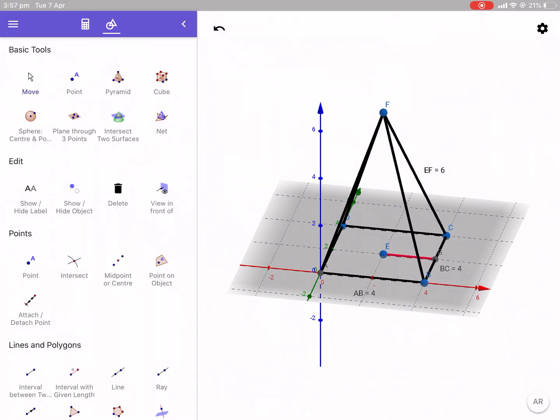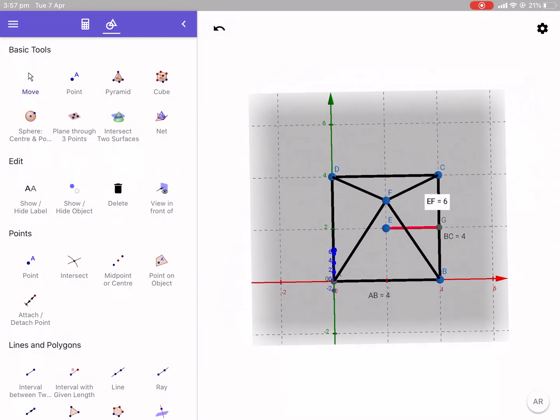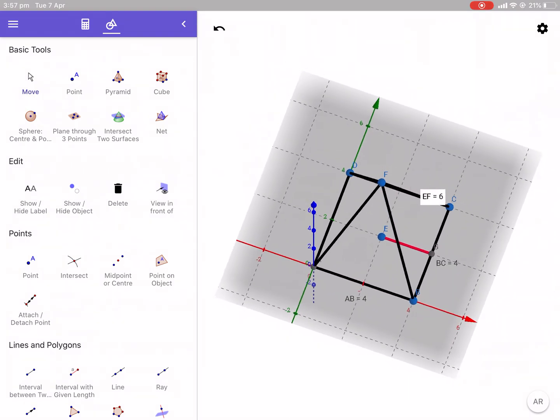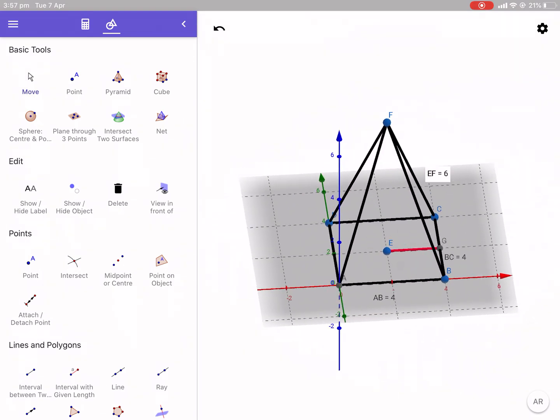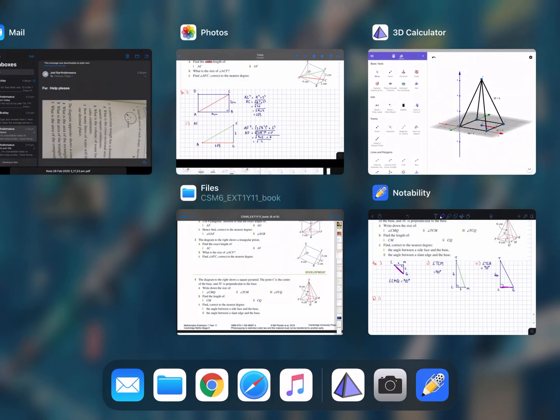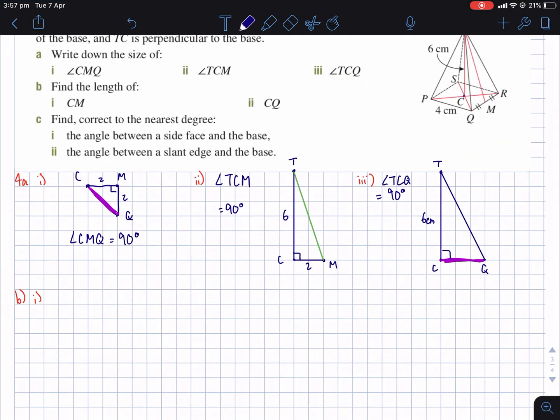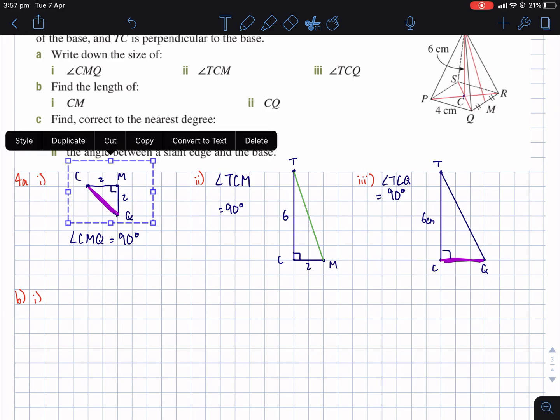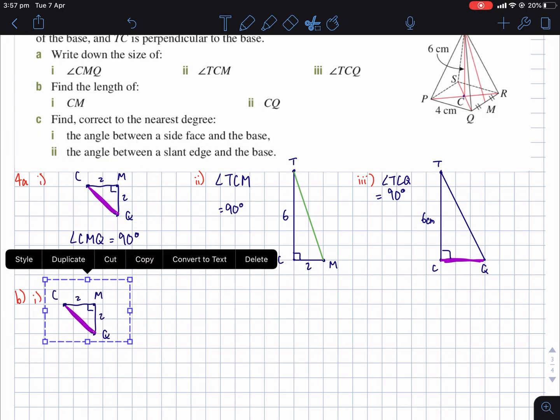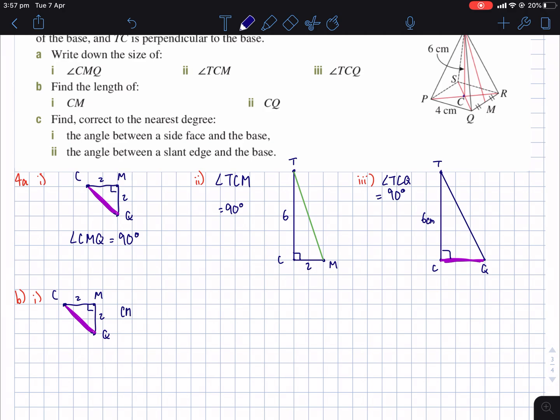And you can see just by looking at this triangle that it's going to be 2 because it's from the center to the outside, and the length is 4. So I'm going to copy this one. CM equals 2.